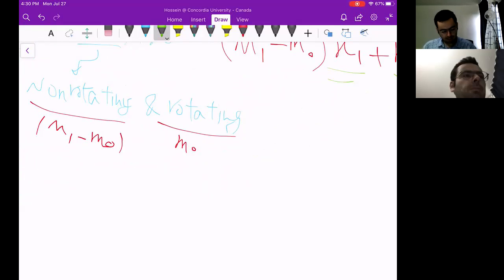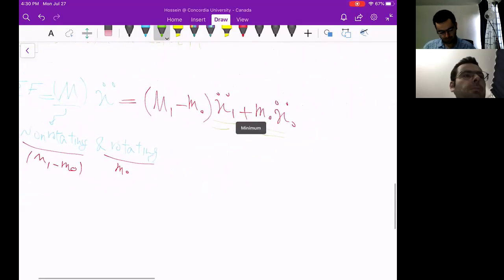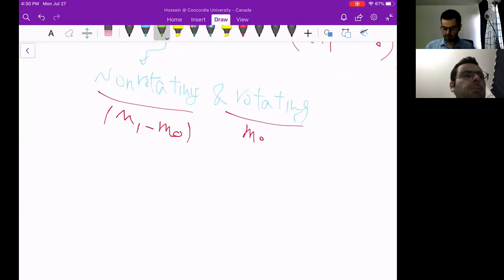If you plug in the relations we obtained for x double dot naught and x double dot 1, we can write the acceleration in terms of only x1.